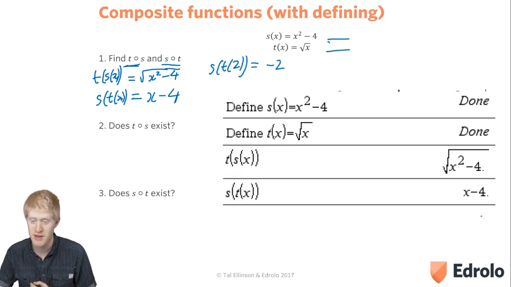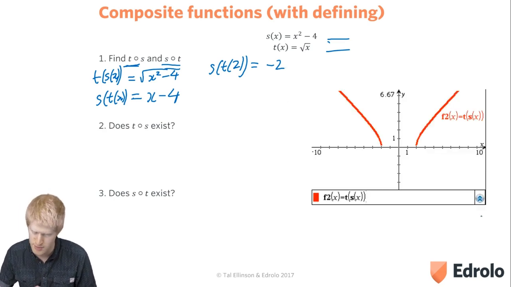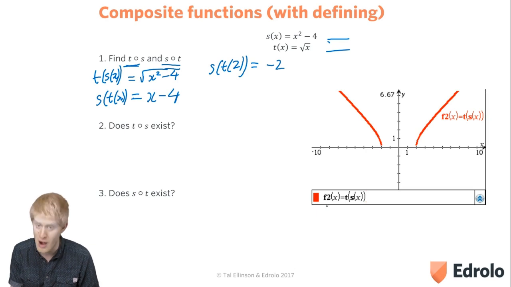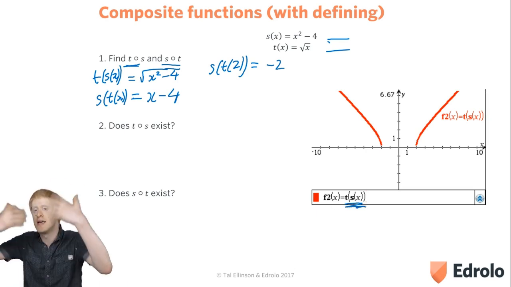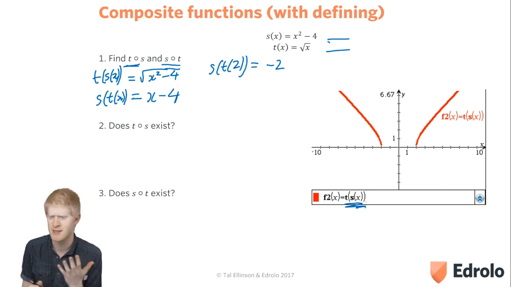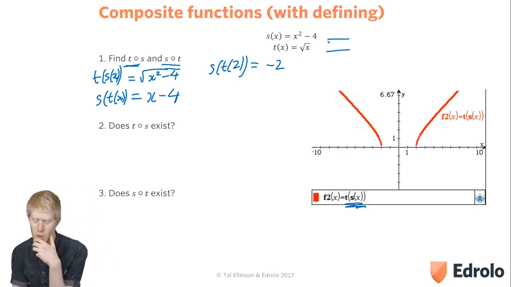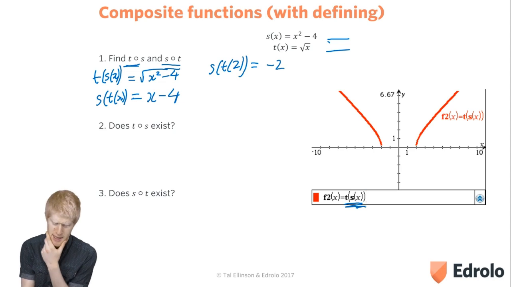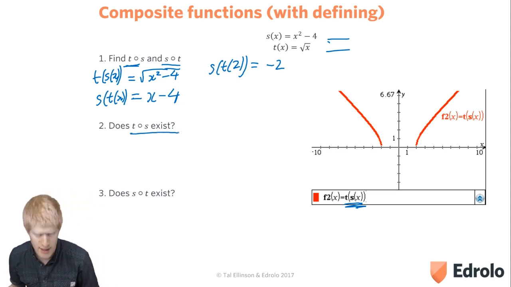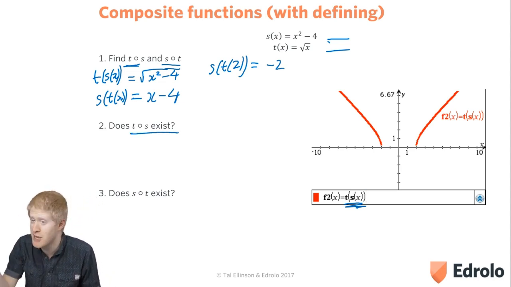Another thing that you can do with these functions is sketch them. If you go to your graphing section and type in t of s of x, it will actually sketch the graph for you. And I was thinking, can you actually use this to predict whether the composite function exists? It's a bit of an unconventional way of looking at it, but I actually think you can.